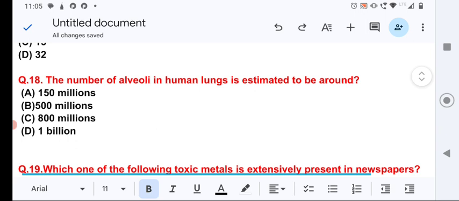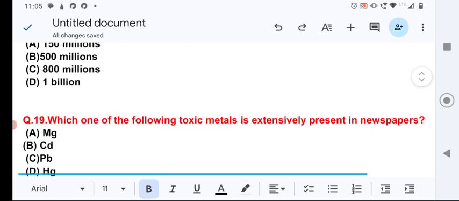Now, question number 18. The number of alveoli in the human lungs is estimated to be around 500 million. Alveoli are the unit of lungs and site of gaseous exchange, as I have discussed in my video.